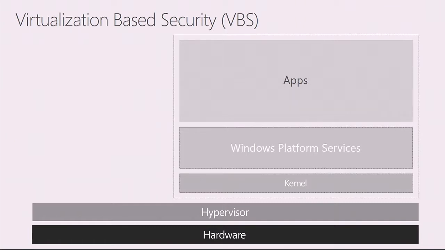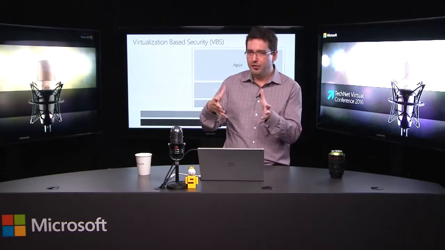With Windows 10, and this is probably one of the coolest security features in Windows 10, a real game changer, it's a very powerful architectural change where we're bringing a new Hyper-V component into Windows 10 that is essentially a protected container, or a virtual machine, that runs on a hypervisor and separates the host from the actual underlying kernel.